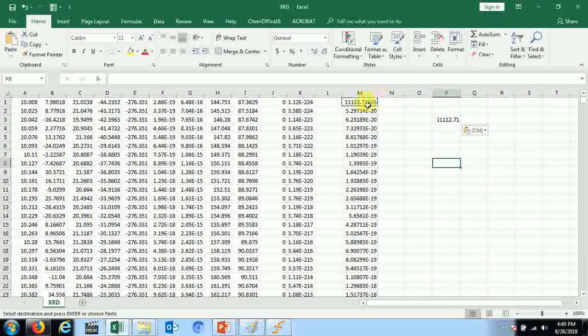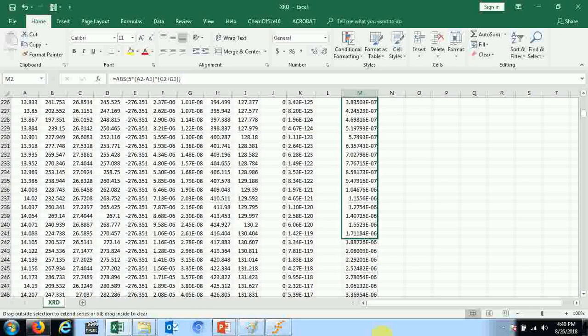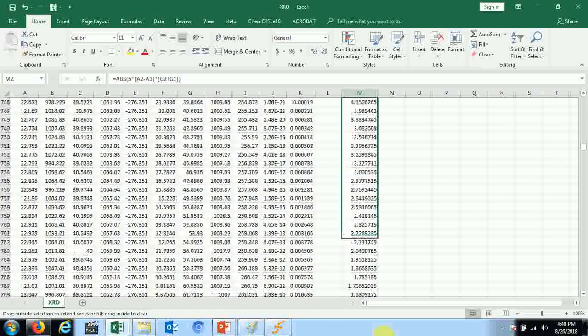What is the area of the second peak? We just have to change the cell numbers. Instead of F, I have to put G, and I have to change the values for all cells.